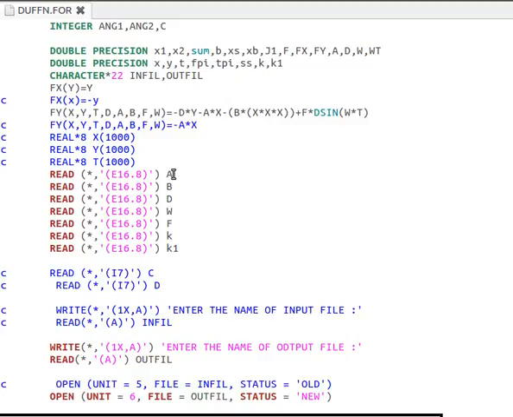So basically we have inputs a, which is omega naught square, b, which is beta, d, which is alpha, omega, f, and k and k1.